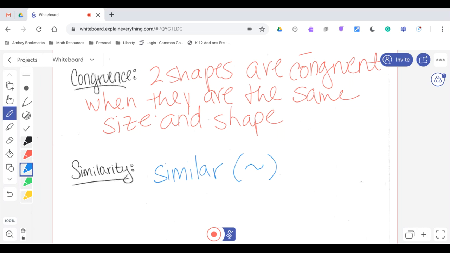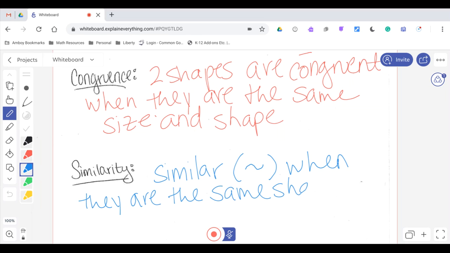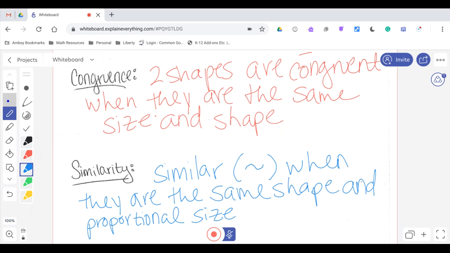Okay, so two shapes are similar when they are the same shape and proportional size. Okay, so let me tell you what I mean by proportional.